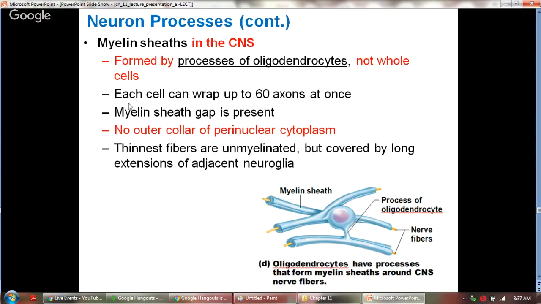Each cell can wrap up to 60 axons at once, and the myelin sheath gap is present. The difference is that no outer collar of perinuclear cytoplasm is present in the myelin sheaths of the central nervous system. The thinnest fibers are unmyelinated but covered by long extensions of the adjacent neuroglia cells.